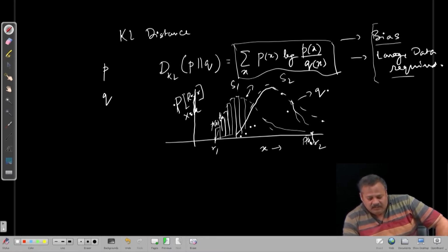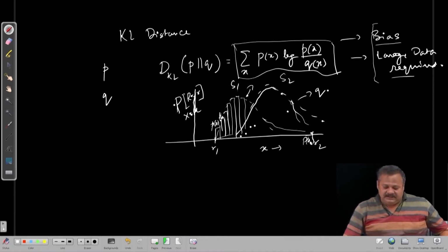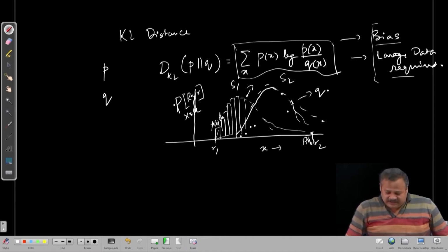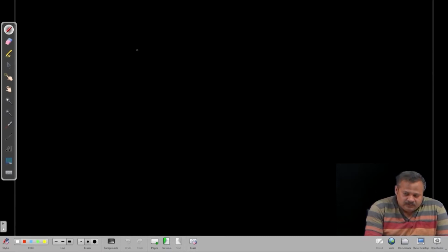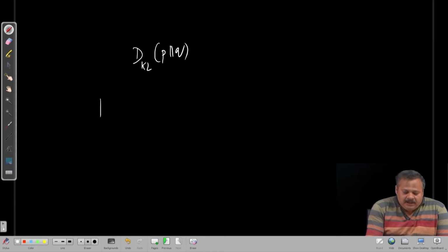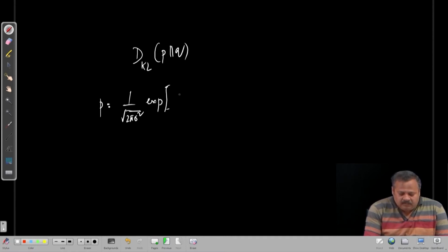So now let us go back and see what the KL distance for our continuous case is going to be if our distributions are indeed Gaussian with two different means and equal standard deviations. So we have d KL of P and Q. Now P is 1 by square root of 2 pi sigma squared, exp of minus (x minus mu 1) squared by 2 sigma squared.